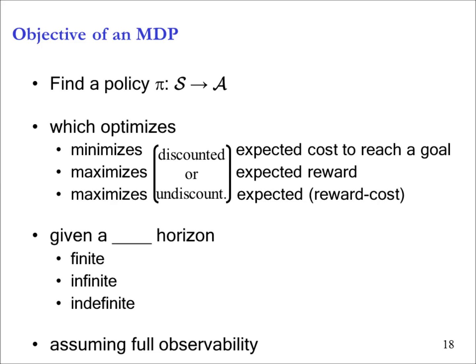And another way to do this would be a policy. A policy is a mapping from states to actions. So if I knew the whole policy, can that be a reasonable solution? Get your thinking caps on. So the policy tells me what action to do in each state.